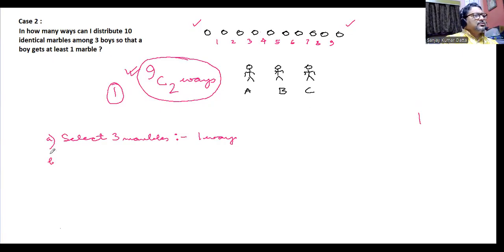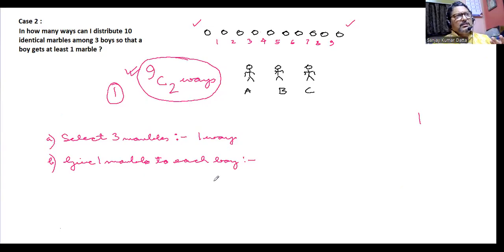So the next job is to give 1 marble to each boy. In how many ways can you do this? See na, imagination. I can say, here, threw it. I threw it. So I pick it up, 1 marble each. So how many ways? Only one way.